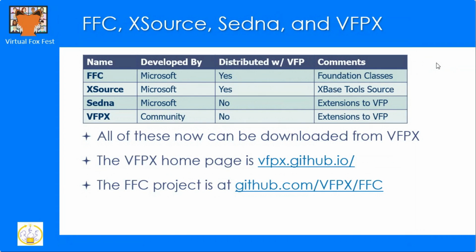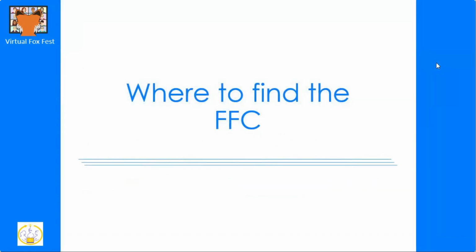I hope everybody is familiar with VFPX. If you click on the projects link on the homepage, you'll find a list of all the projects, and there are many, many of them in VFPX. FFC is one of them, and it's at github.com/vfpx/ffc. Again, you don't need to memorize that link. It's available from the homepage. You will want to use the VFPX version, and I will tell you why in just a couple of minutes.